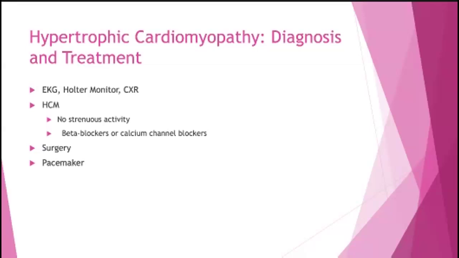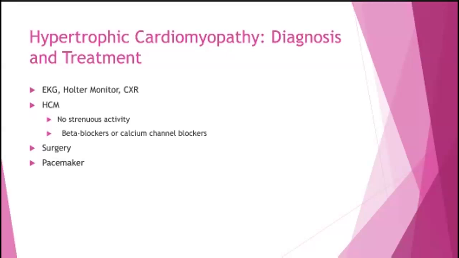A chest x-ray might show mild cardiomegaly or an enlarged cardiac silhouette. Our general interventions and medications: we're going to use activity restrictions. These children should avoid strenuous activities and competitive sports. They are all at an increased risk for sudden cardiac death.